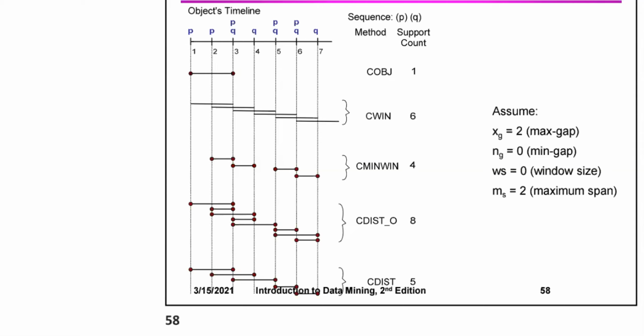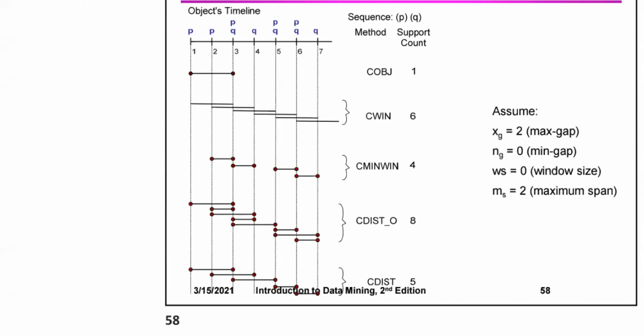For example, for the sequence PQ, 4 minimal window occurrences are there. The first pair is after P, you get the Q: P at T equal to 2 and Q at T equal to 3.